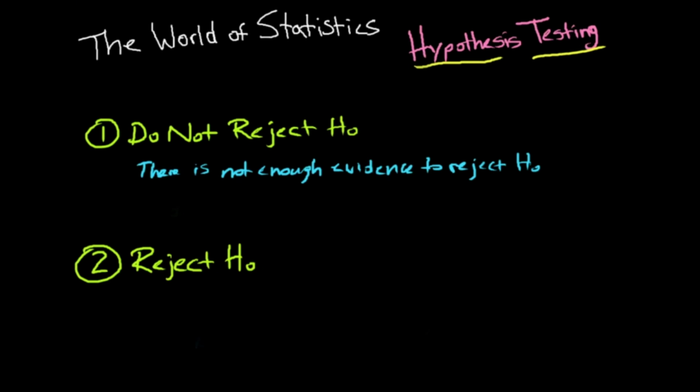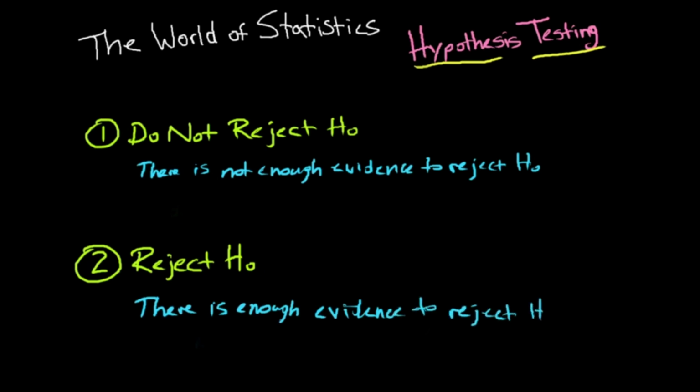The second one is the exact opposite. Now we're rejecting the null hypothesis. When we reject the null hypothesis, we say that there is enough evidence to reject the null hypothesis and conclude that, whatever that might be, that blood pressure was actually higher after patients took a specific drug.